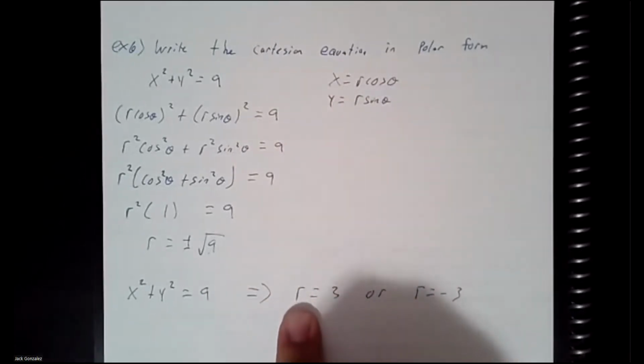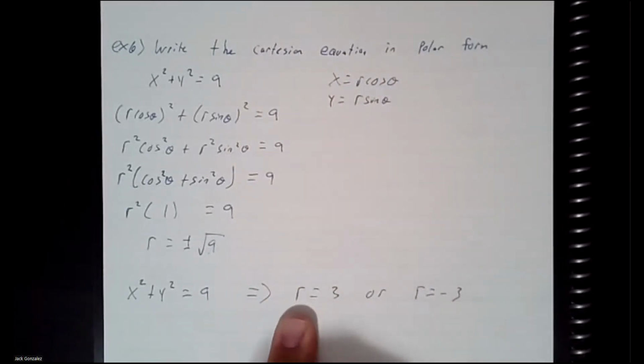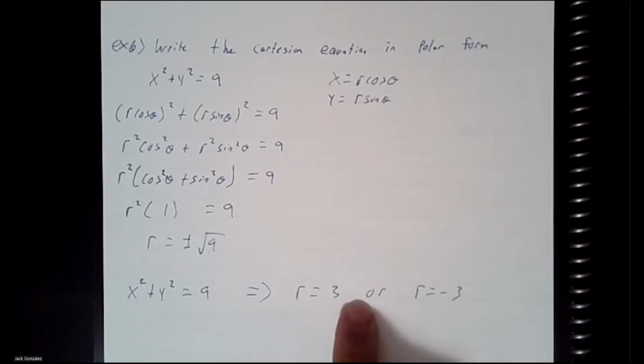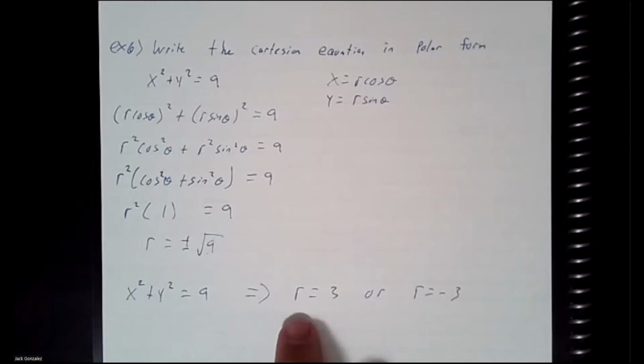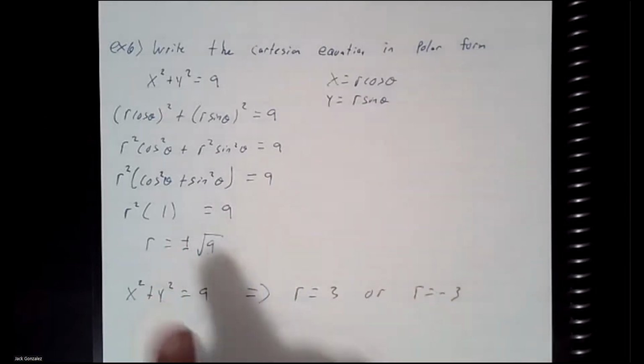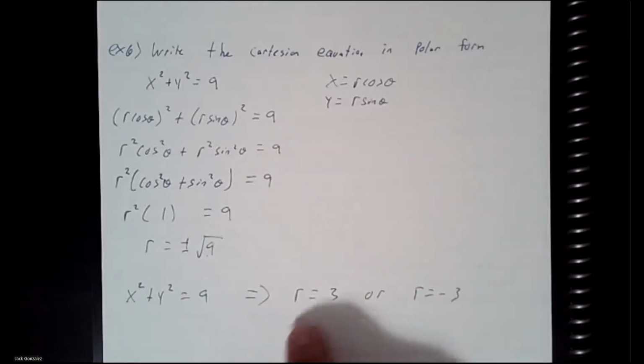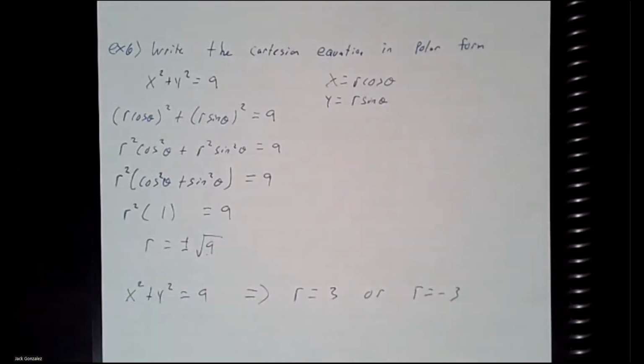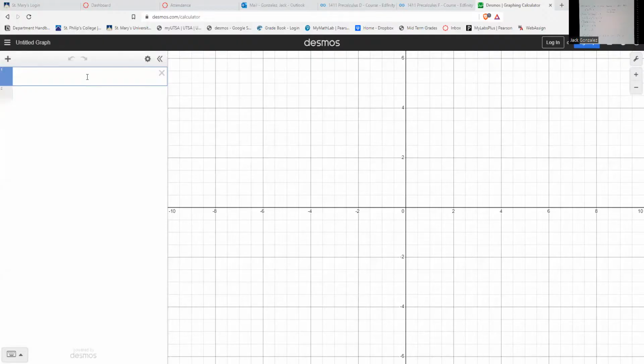This is a circle equation with radius 3. When there's no theta, theta can be everything, which means it's going out to all of the angles. So if we graph this, let's say we do x squared plus y squared equal to 9.